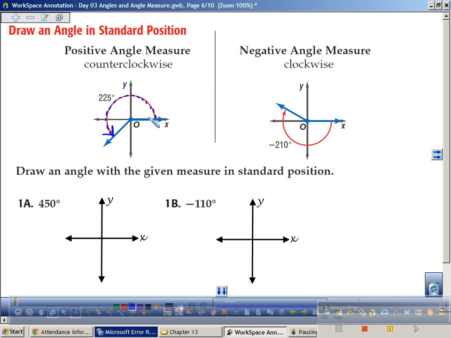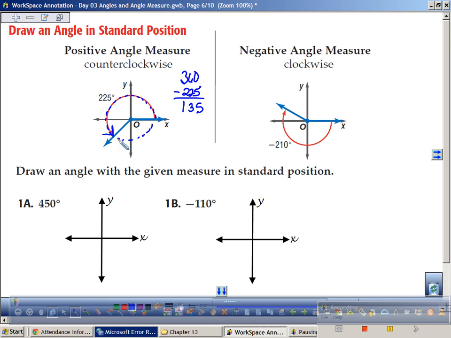What would its complement be? The other part. So how would you find that? 360 minus 225, what would that be? 135. So this angle is 135, right?